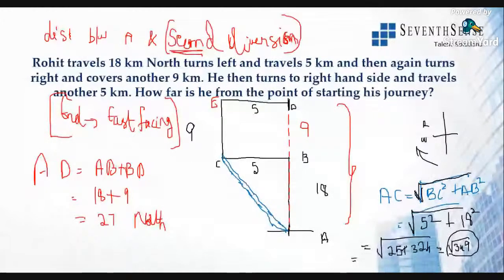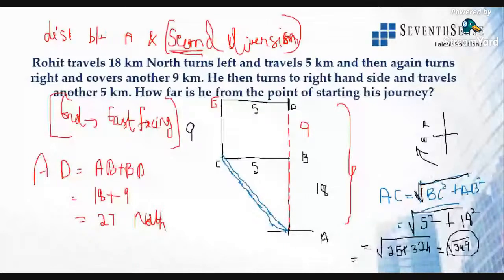Can you just check it out? 349, does it have any multiples? 3 plus 4 is 7, 7 plus 9 is 16. So 16, I don't think so, it is not divisible by 3. Whether it is going with 7, 7 fours are 28, 6, 69. No, 349 is not divisible by 7 as well. By 11, it is not possible. So you cannot simplify it. Keep it as square root of 349.